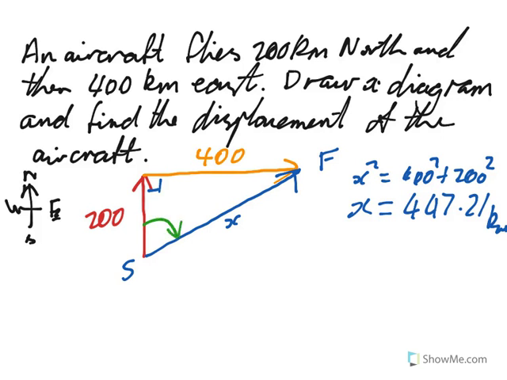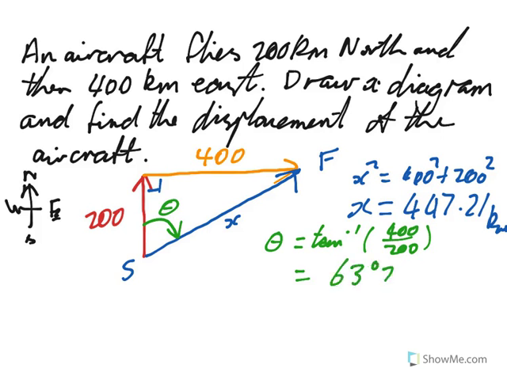Now we need an angle in this, and if we use that as the angle, we'll be able to work that out, because that's between north and it's going towards the east. So if we use opposite over adjacent, which is tan minus 1 of 400 over 200, we end up with 63 degrees and 26 minutes, as maths likes to use degrees, minutes.